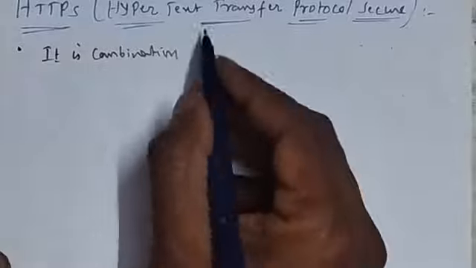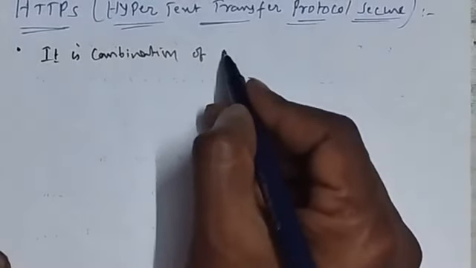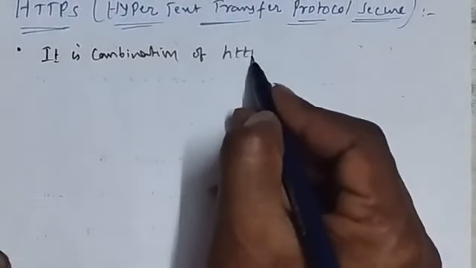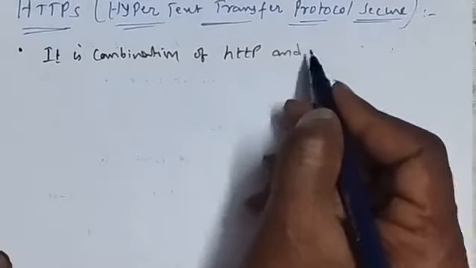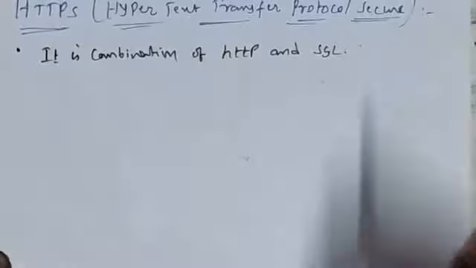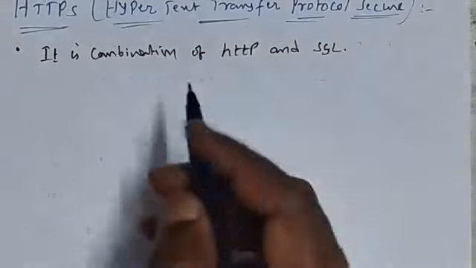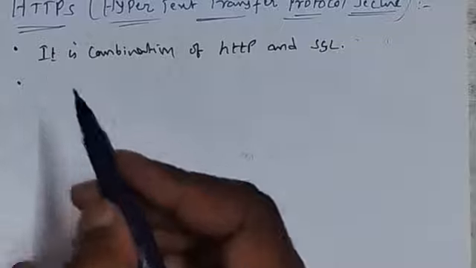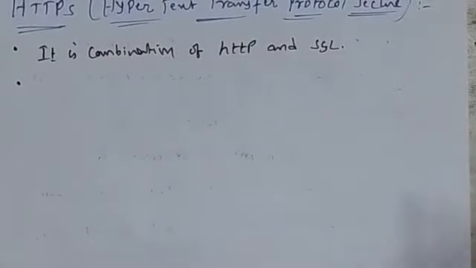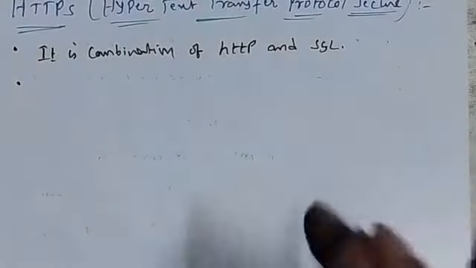Okay, it is a combination of HTTP and SSL protocol. Previously we know what HTTP is, but this is HTTPS. It is a combination of HTTP and S, and it has an additional layer of security provided by TLS and SSL.